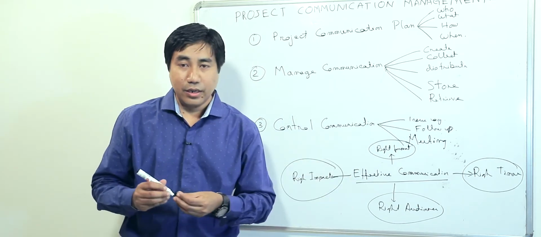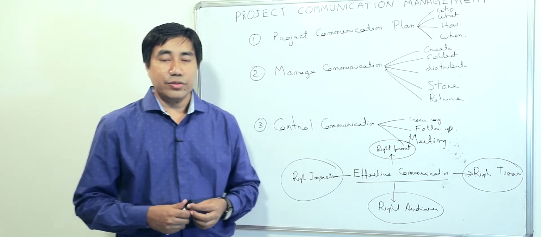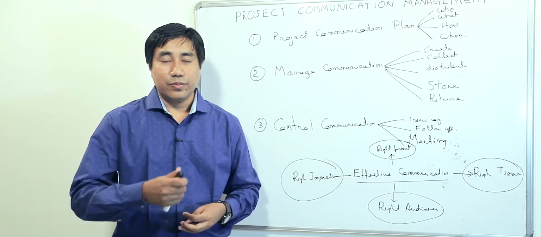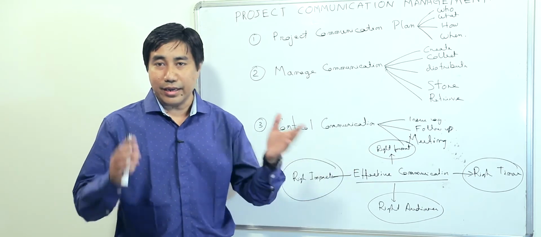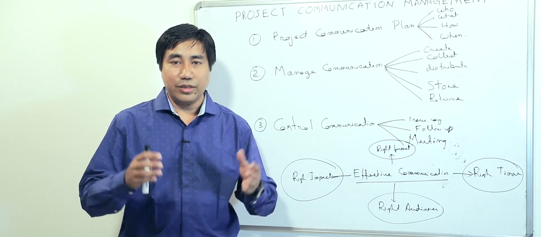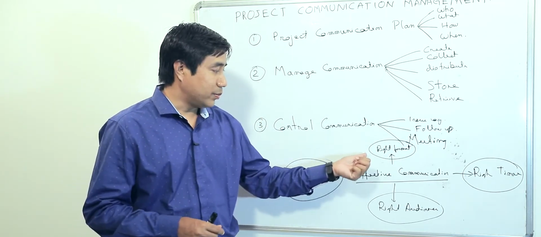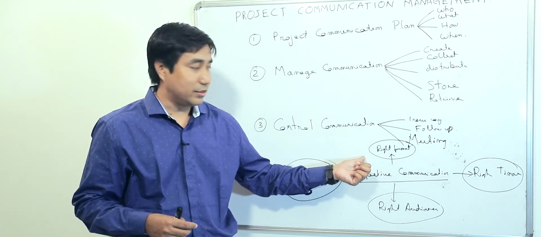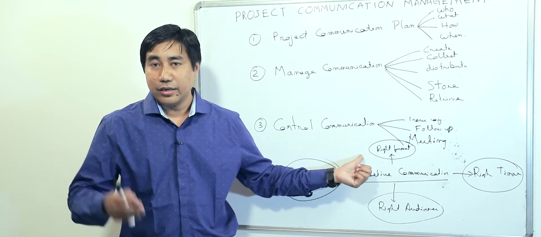So for example, let's discuss this right format. Say I'm going to send out an email to the project executive. If I send an email with a lot of details on the project to the executive or high level managers, that is not the right format, because he is not interested in the detail of the project.